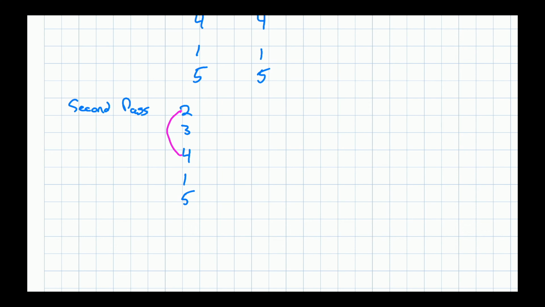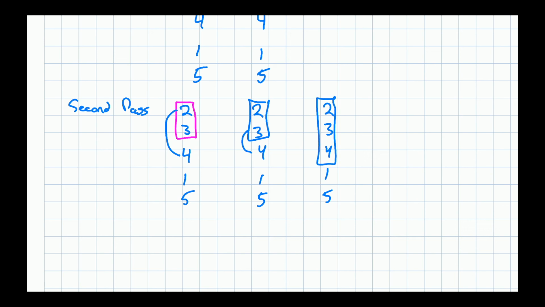Then we just put those in order. Let me write that in blue. So you compare the 2 and the 4. 4 is bigger than 2, so you leave it alone. Then you compare the 4 and the 3. Again, you don't have to swap them because 4 is bigger than 3. And so at this point, you got 2, 3, 4, 1, 5, and those are in order.